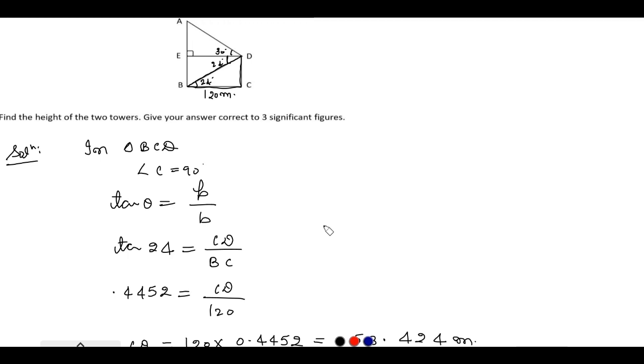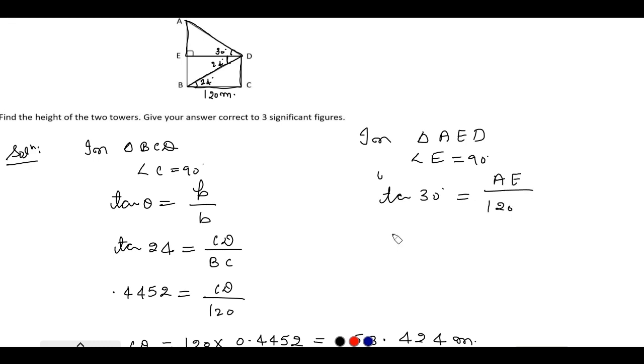Now we are applying the tangent rule in triangle AED. Angle E is 90 degrees. So tan 30 will be equal to perpendicular, meaning AE upon base, that is 120.